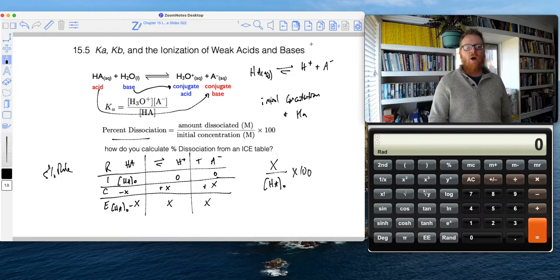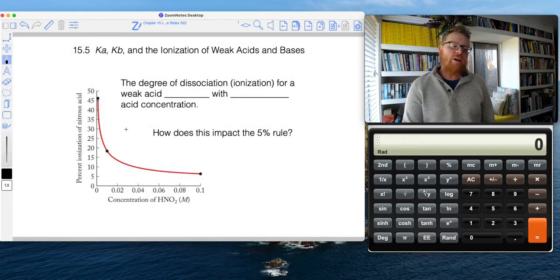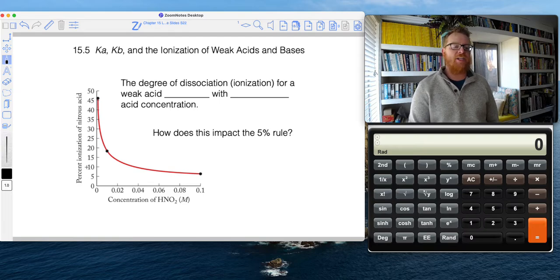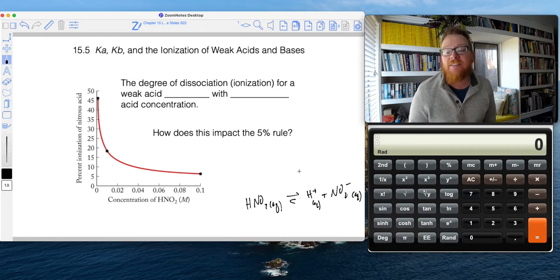Now what does all of this mean, and how does that impact the 5% rule? Here are calculations of percent ionization versus concentration for HNO2. HNO2 is a weak acid, and it is in equilibrium with H+ and NO2-, aqueous. This has a constant Ka value.